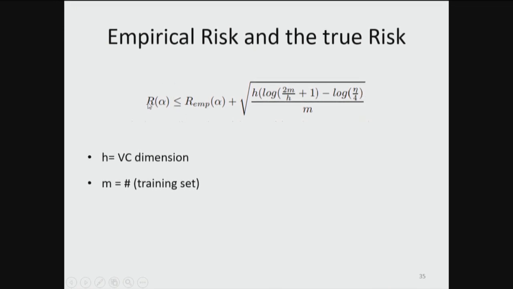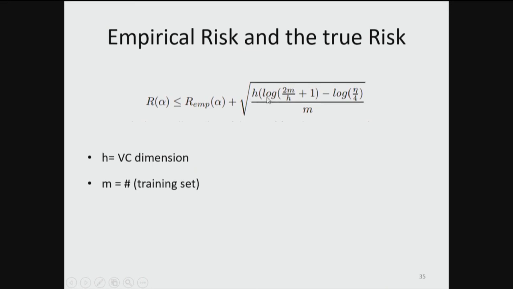This true risk value can never go beyond this. That means we have some sort of insurance cover for our model. The test error cannot go beyond that. With a pre-assigned value, we have some sort of definiteness with respect to that model. That is the significance of VC dimension.